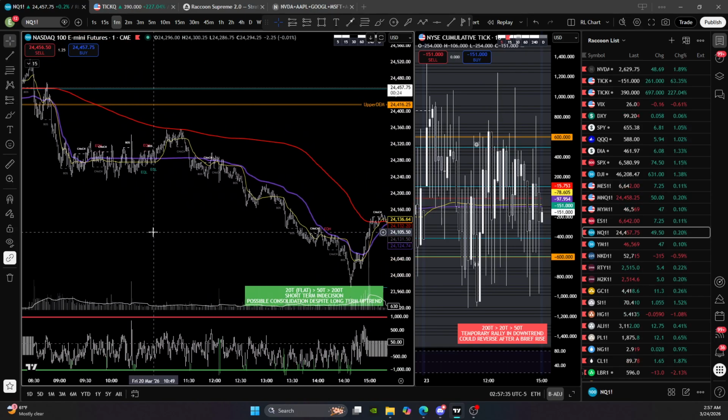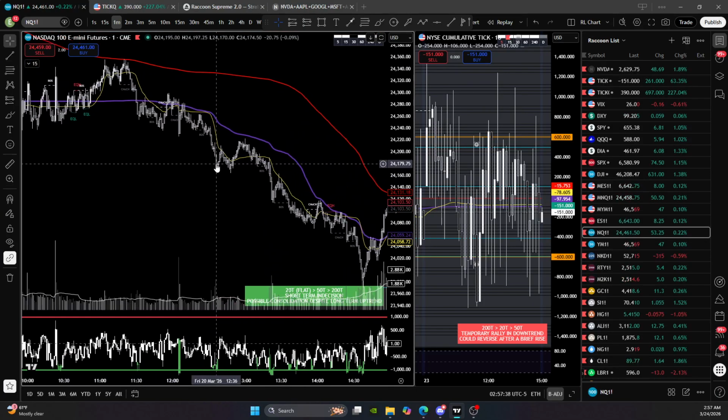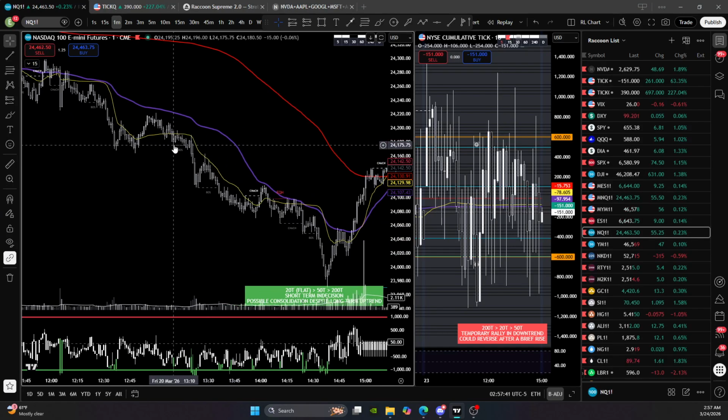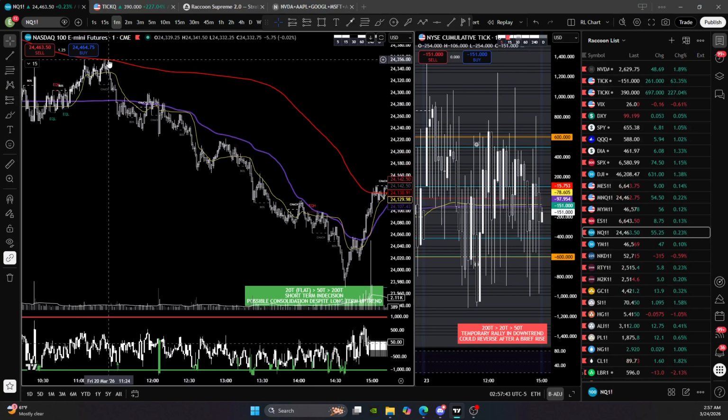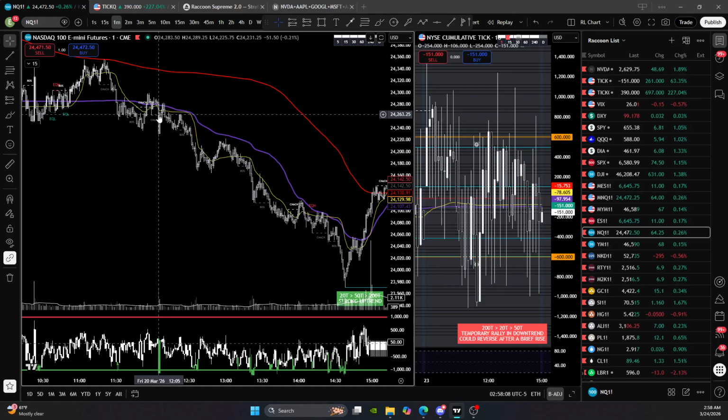On Friday, we kept having, Friday was one hard day because the news of war really affected a lot, because we did touch the 200T, we tapped it from under, and we never broke up. So the price was bearish to begin with, and then obviously you get a retracement here, you catch a small amount, and then on this one is a massive spike, retrace back, catch a small amount, massive spike.